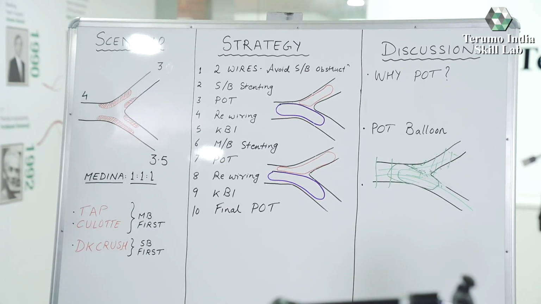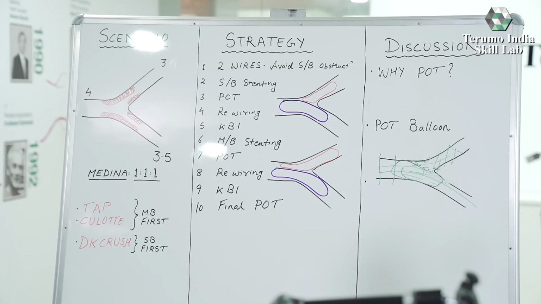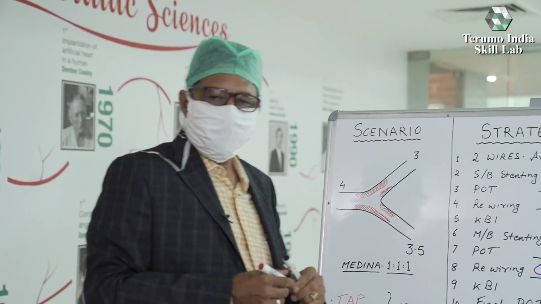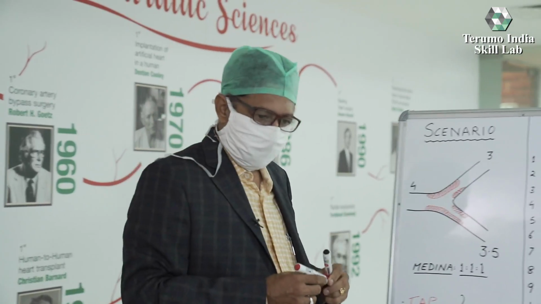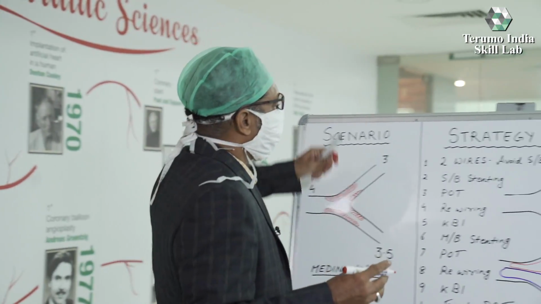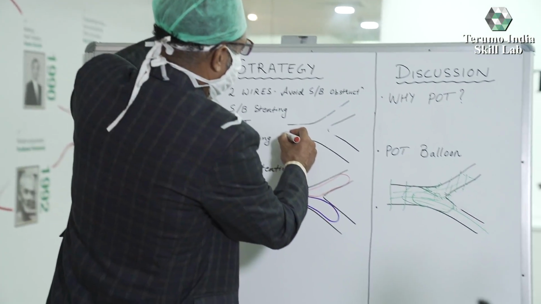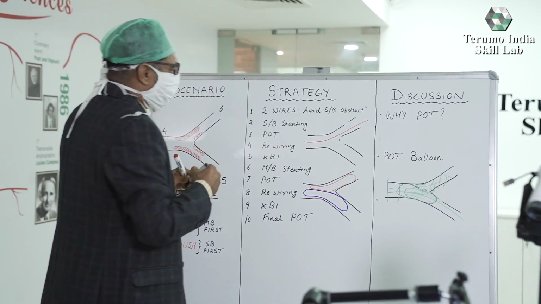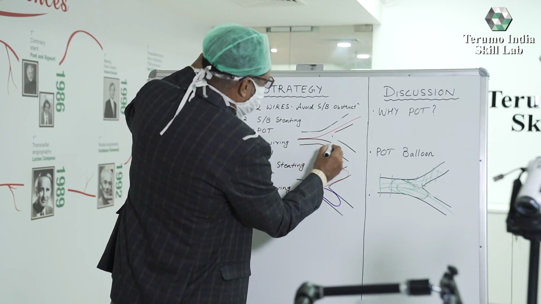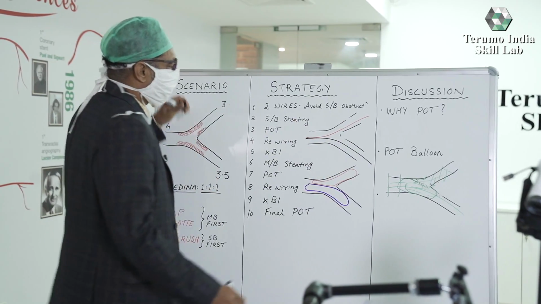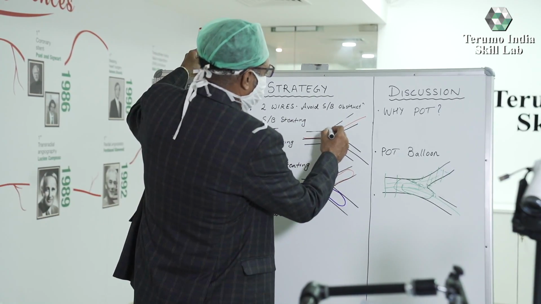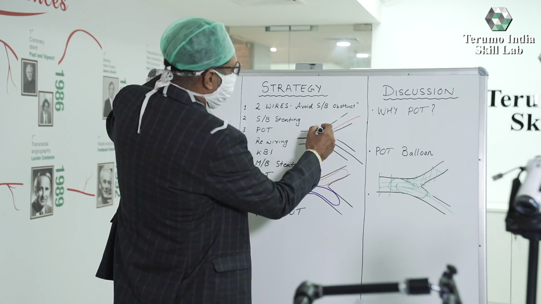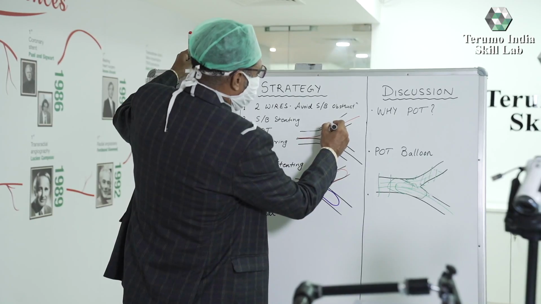What we did today was a DK crush. We demonstrated a DK crush technique on a beating heart, which was a unique experience. So what we did was we first wired the side branch, then we wired the main branch, we balloon dilated the lesion in the side branch, then deployed a stent.